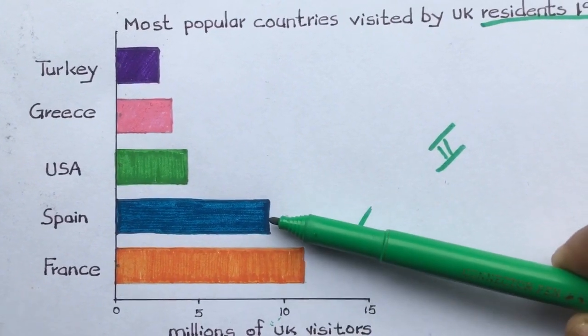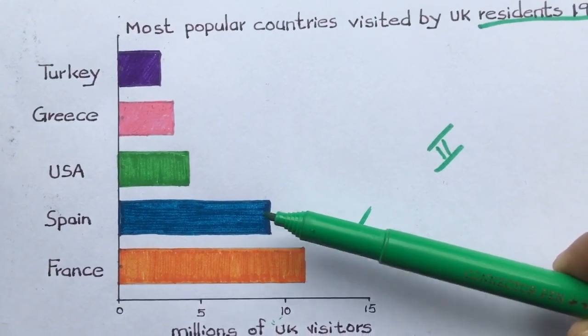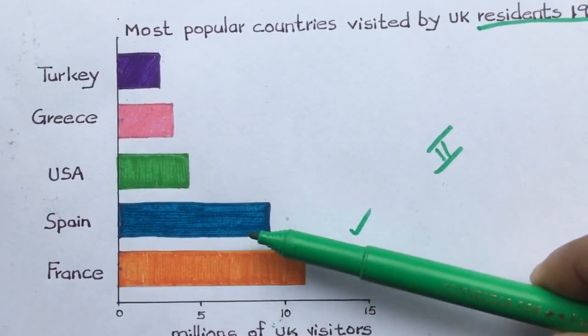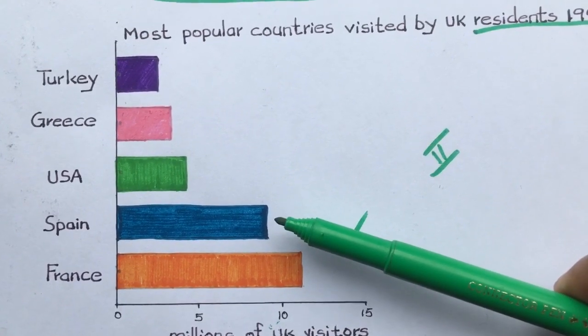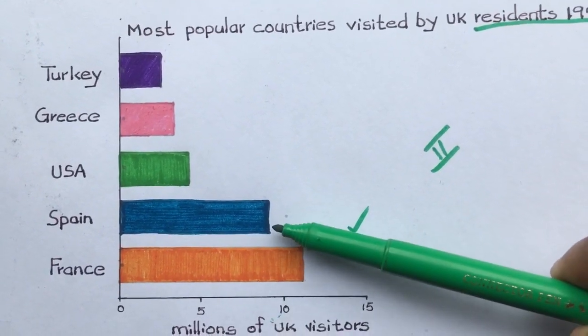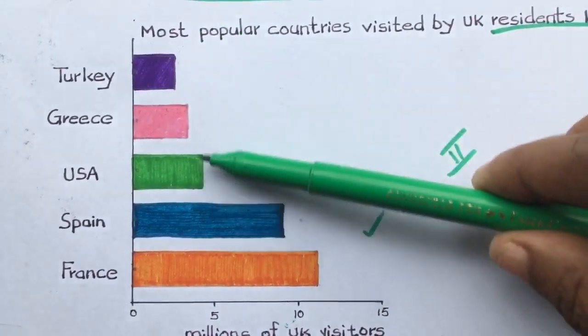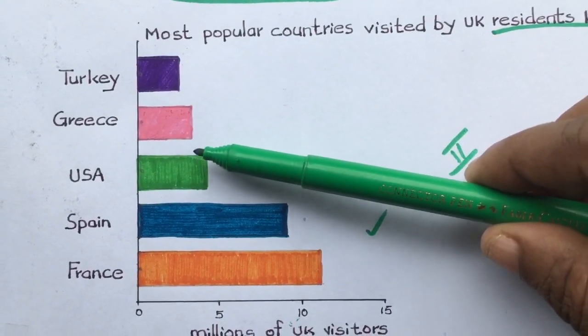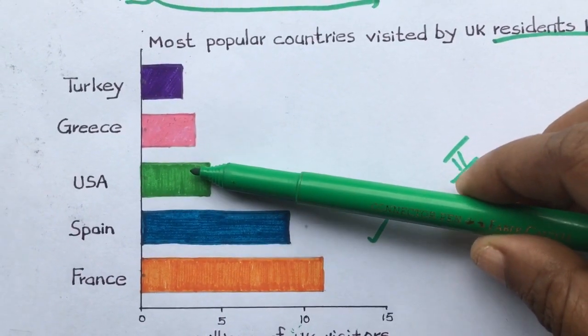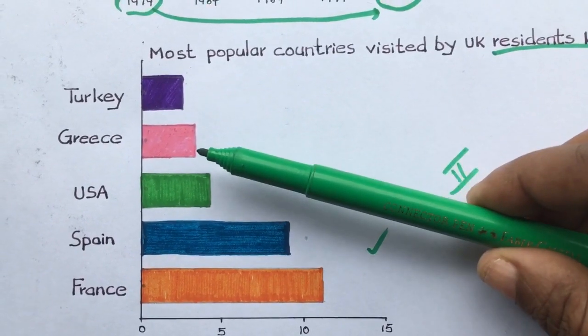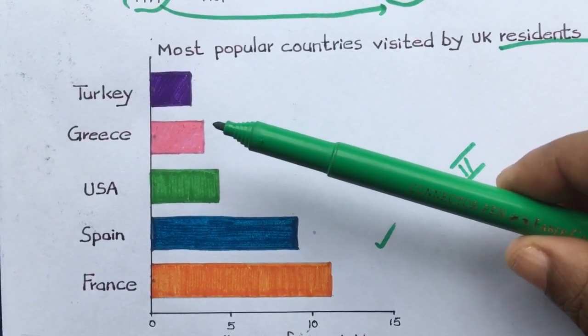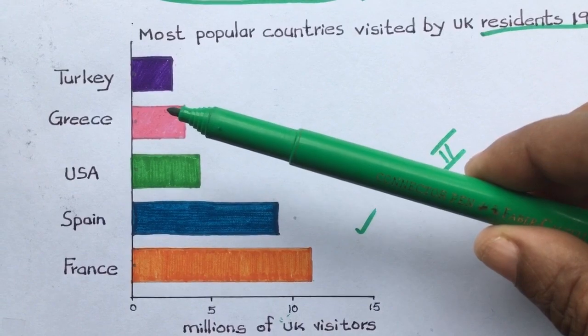Who is behind France? It's Spain, and it is around 9 million. So these three are somewhat similar, and I can't write about them individually, because when you write individually about US, Greece and Turkey, the word count will be more than 150 words.